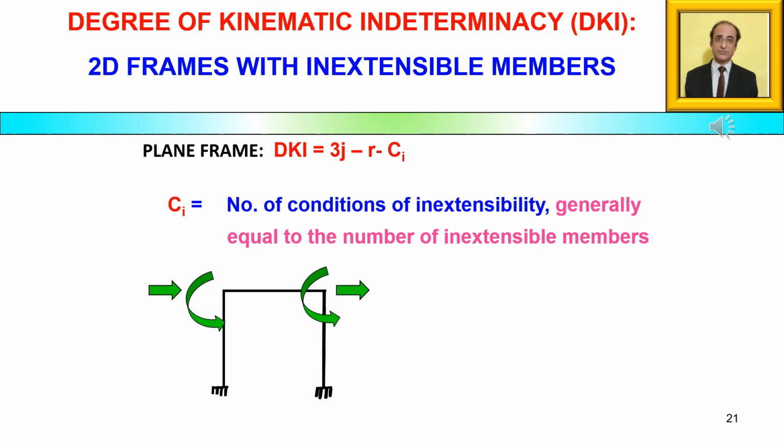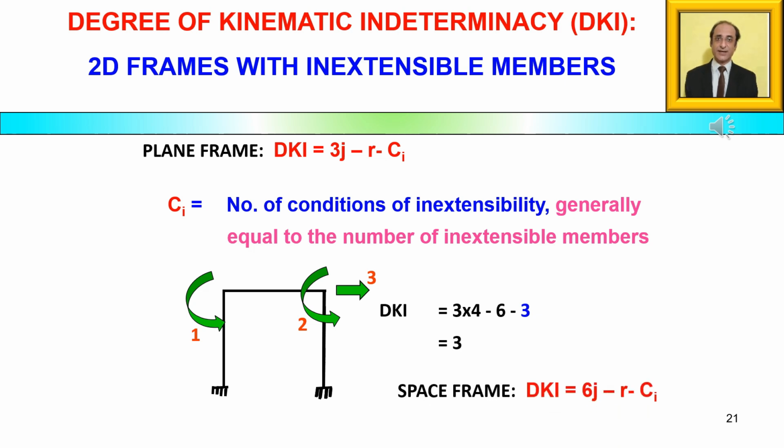Then in the horizontal direction also, because the 2 columns are connected by an inextensible beam, the 2 translations at the 2 top joints, they are same. Hence the DKI is 3, and the 3 independent displacements are basically 2 rotations at the 2 top joints and 1 common horizontal translation of the top floor.